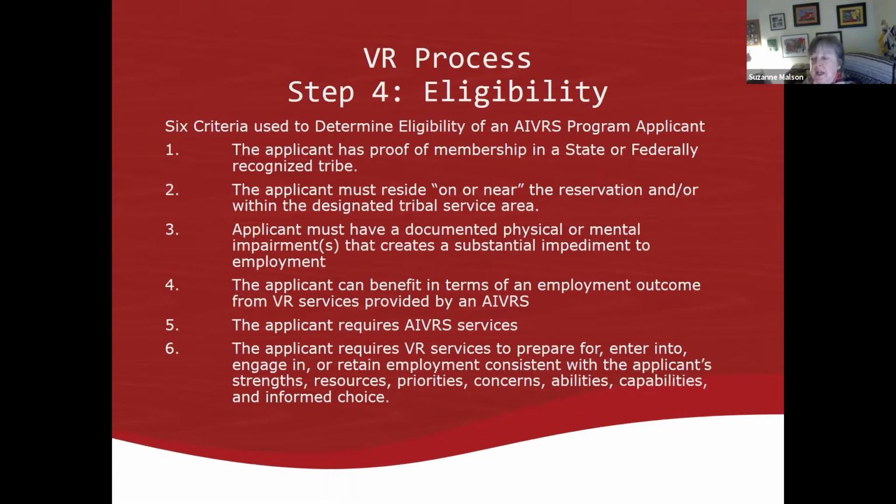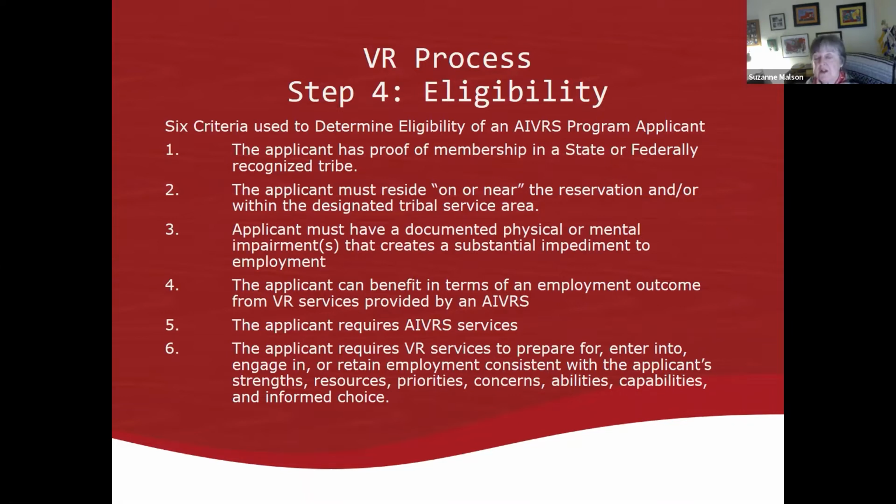So when you're looking at it, I bet every one of you can tell me your application, what is the eligibility criteria, right? The applicant has proof of membership in the state or federally recognized tribe. Number 2, the applicant must reside on or near the reservation and or within the designated tribal service area.